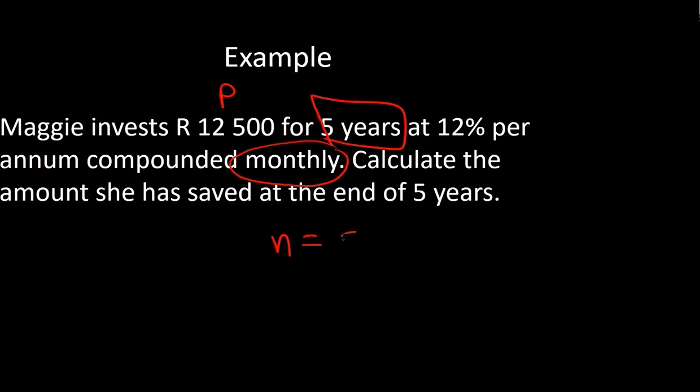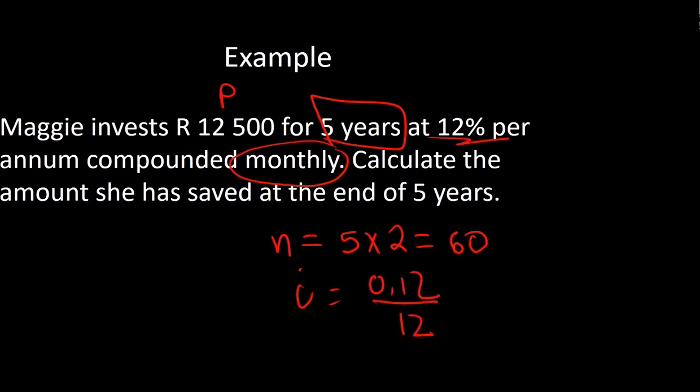So n is going to be 5 times 12, which is 60. Remember your interest rate, the compounding of your interest rate, and your n need to match up. So if we are doing 12% per annum compounded monthly, then i is going to be 0.12 divided by 12.